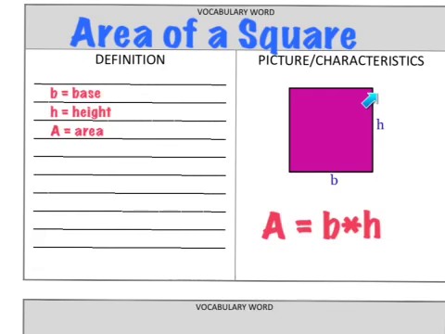Whatever you call them, you still just multiply them together. So you might be used to side times side, or length times width. Well, we're going to use base and height because that goes with our other quadrilaterals. So base times height will give you the area of the square. Easy enough, right?